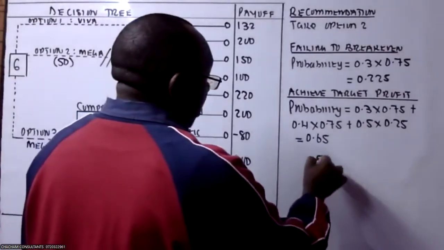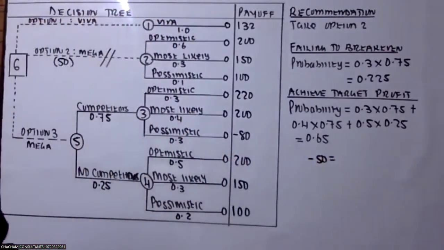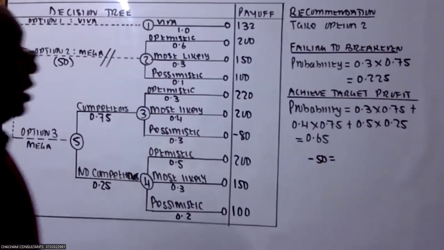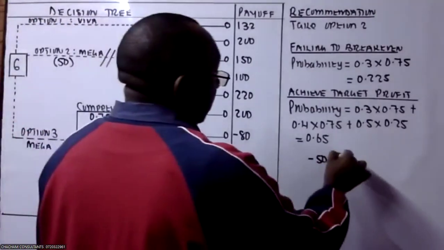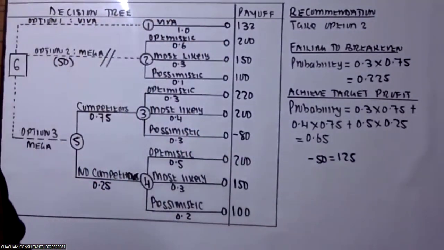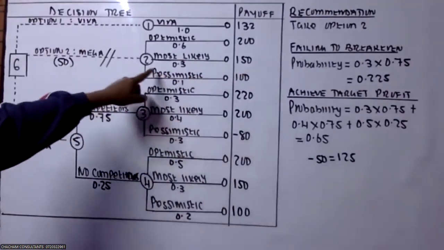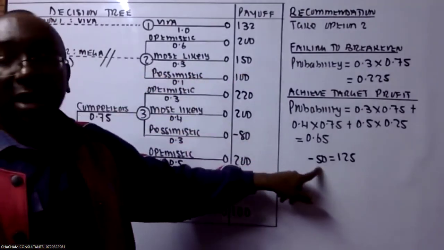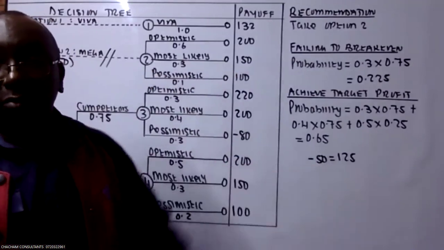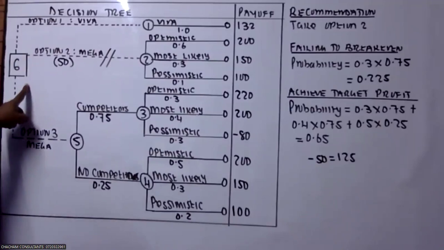Rudi hapo useme minus 50. I think ndio tulikuwa nayo 175. So then it will be 125. So rudi hapo kwa option 2, kwa number 2, kwa expected monetary value yenye tulikuwa nayo hapo, useme minus 50. Upate 125. Haya, ukishapata hiyo, tuende nao kwa number 6.